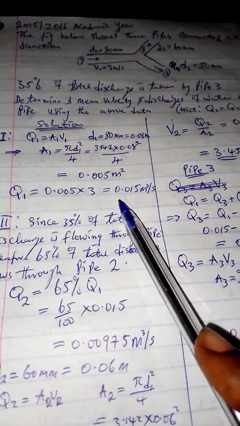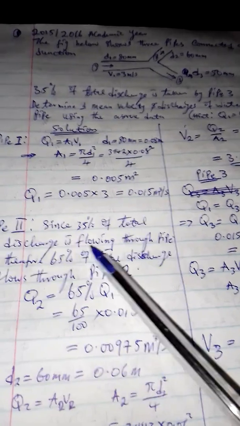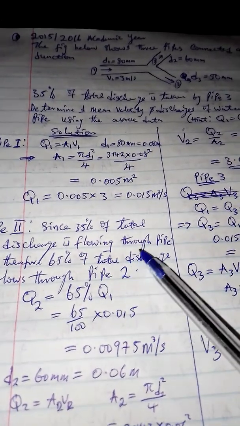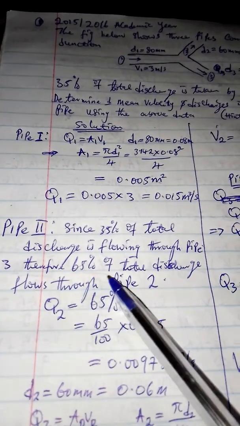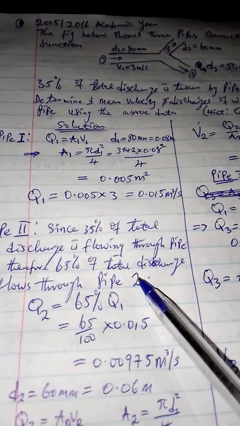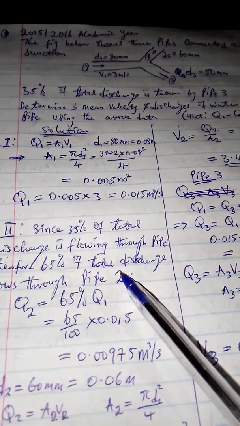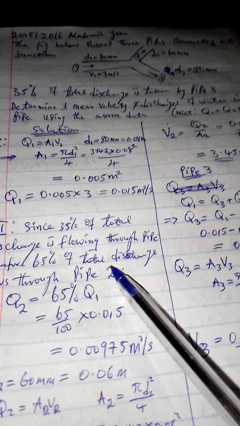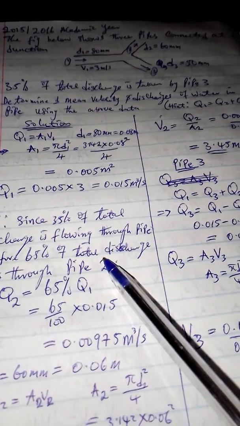We now come to the second pipe. Since 35% of the total discharge is flowing through pipe 3, 65% of the total discharge flows through pipe 2. The total discharge is coming from pipe 1, because all the water flowing through pipes 2 and 3 is coming from pipe 1.